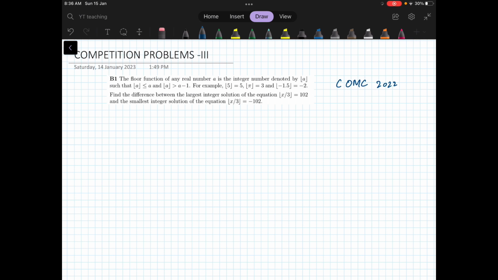The floor function of any real number a is the integer denoted by this notation for the floor function. You might have studied it already. And what is this function?